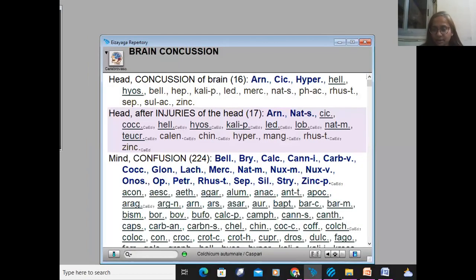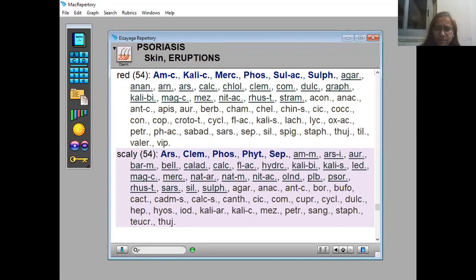So, here the remedies are clinically tested, verified by the author, and given under different subrubrics. So, brain concussion, head, after injuries of the head. If somebody has brain concussion after injury to the head, you can think about these 17 remedies according to Isayaga repertory. Many such rubrics you will get in this repertory. Look at this.